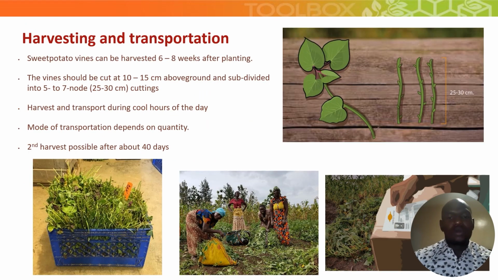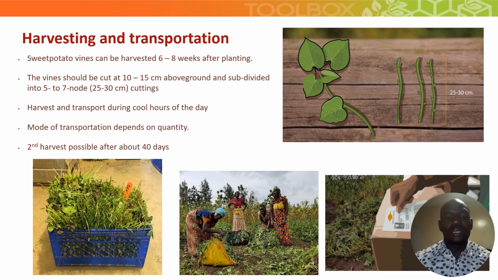The sweet potato vines will be ready for harvesting after 6 to 8 weeks, depending on management. If they were watered properly and the soil was fertile, then even at 6 weeks you can harvest your vines.